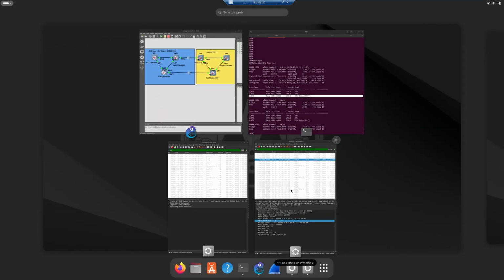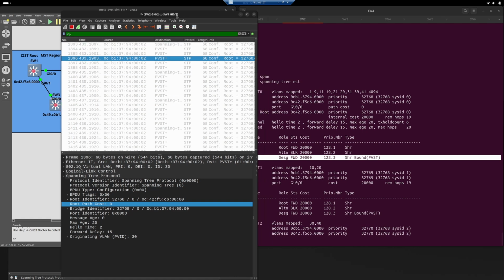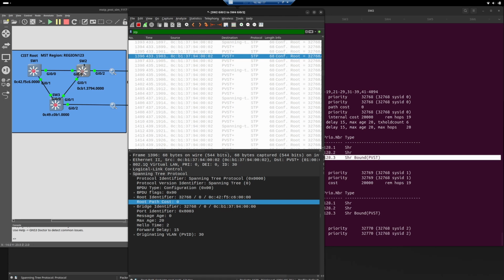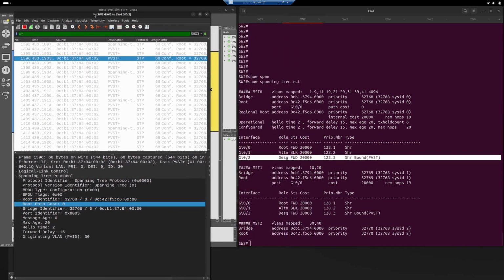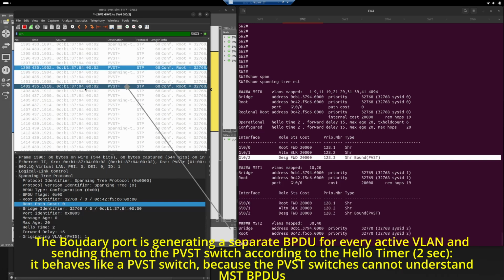And here is the Wireshark capture between switch 2 and switch 4. The source MAC address of these frames is 0CB1, which is the interface of switch 2. So switch 2 is generating these BPDUs, one for each VLAN, because this is what the switches in the PVST domain are expecting from the other switches.